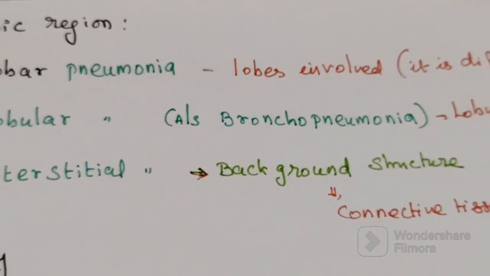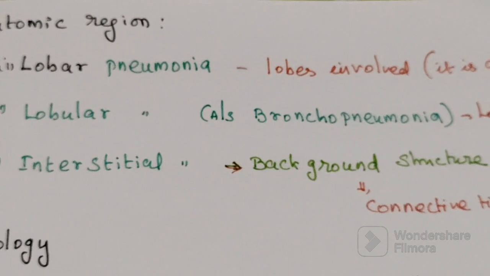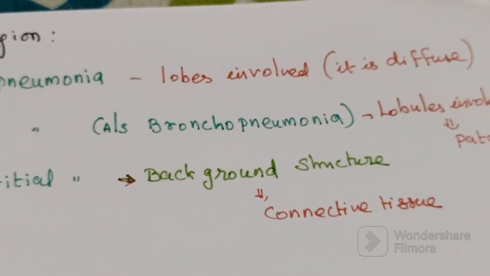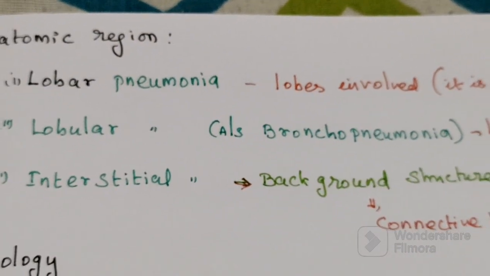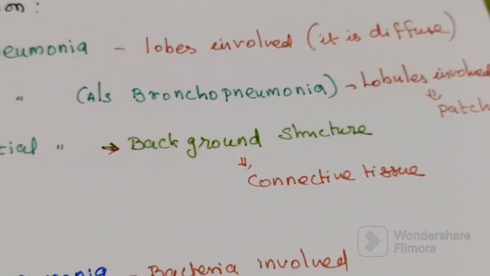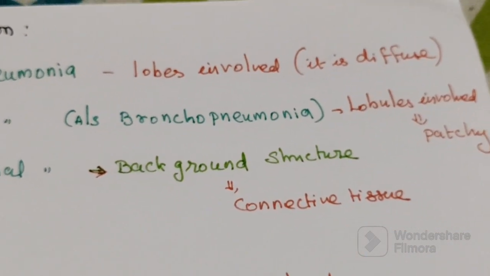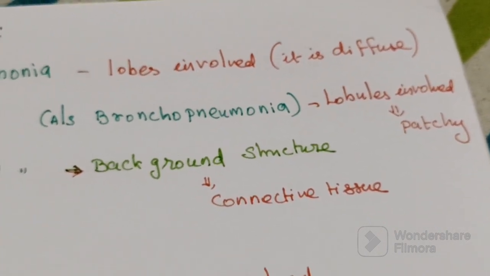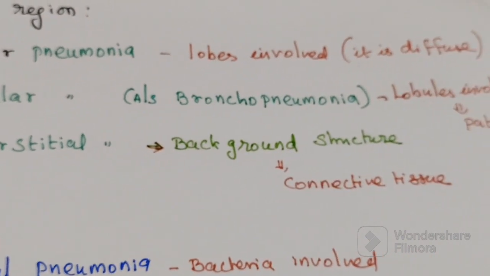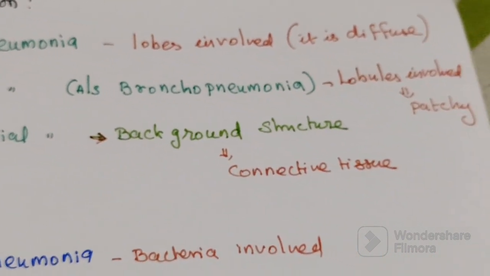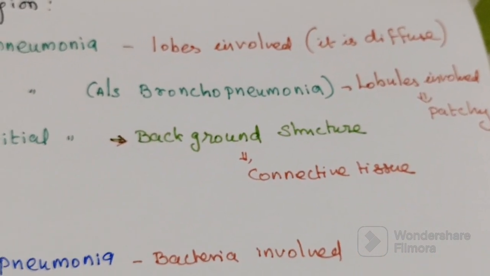What is lobar pneumonia? Lobes involved. It is diffuse, fully affected. Lobular, also called bronchopneumonia, means lobules involved, patchy. Third one is interstitial. Here the background connective tissue structure is involved.